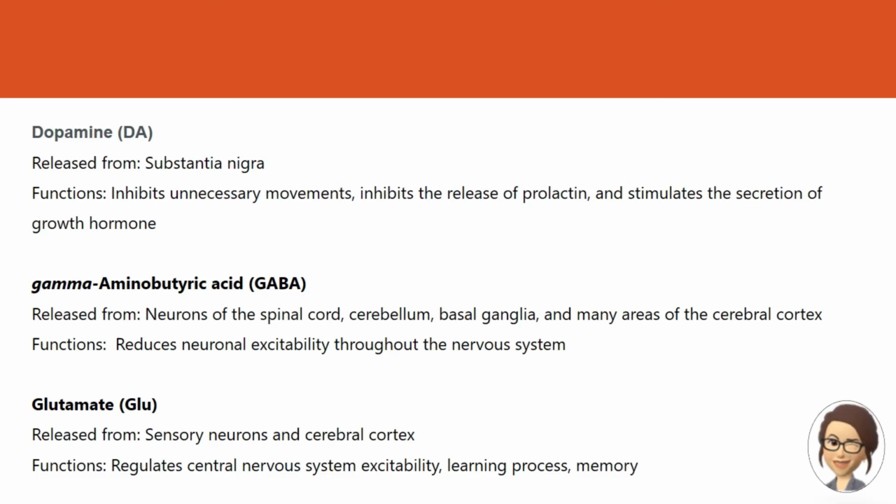Then we have GABA, which is released from the neurons of the spinal cord, cerebellum, basal ganglia, and many areas of the cerebral cortex, and it reduces neuronal excitability throughout the nervous system. Then we have glutamate, which is released from the sensory neurons and the cerebral cortex, and it regulates central nervous system excitability, the learning process, and memory.